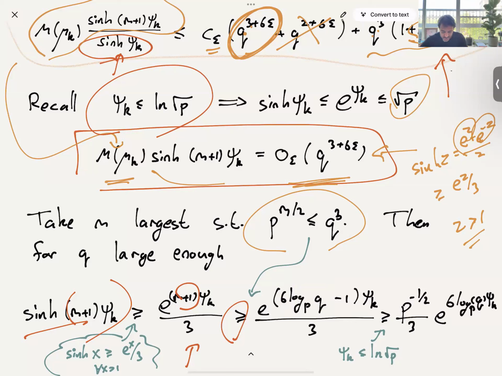And then just messing around a little bit with what you see, you get this p to the minus 1/2 over 3, because psi k is bounded by ln of square root of p, times whatever you see here, e to the 6 log base p of q times psi k.